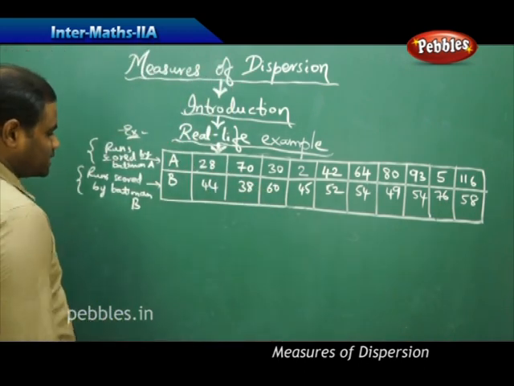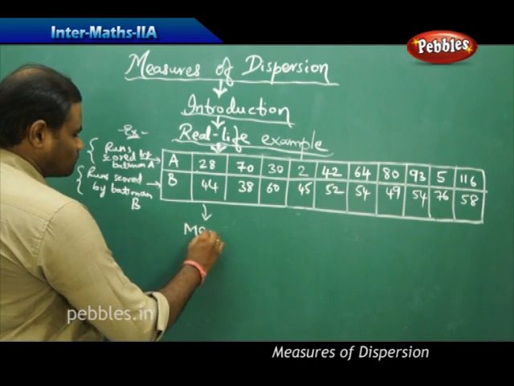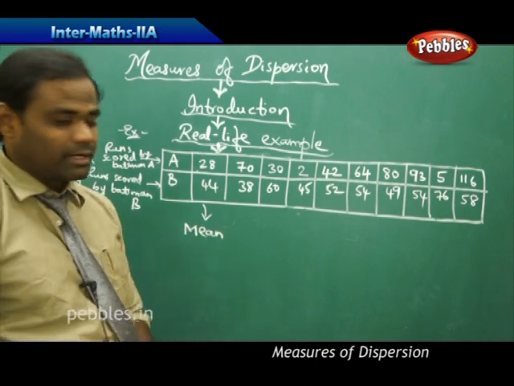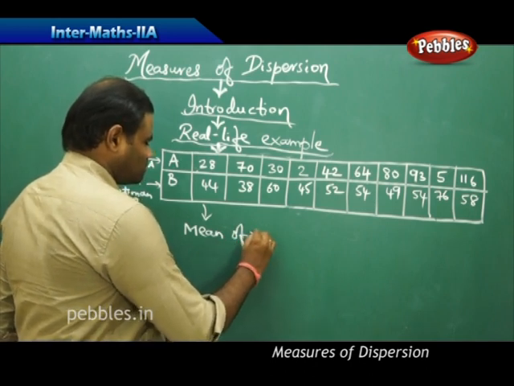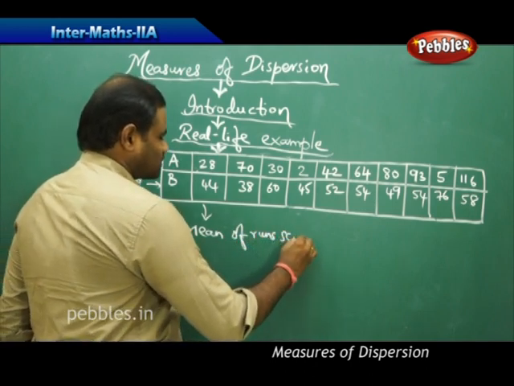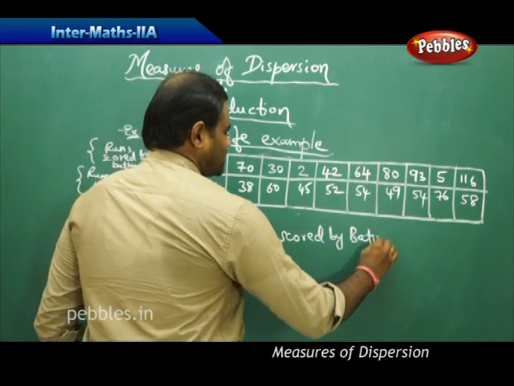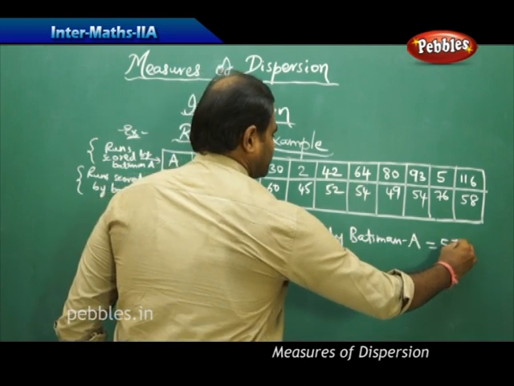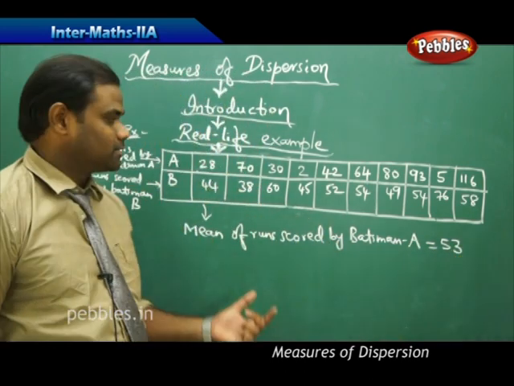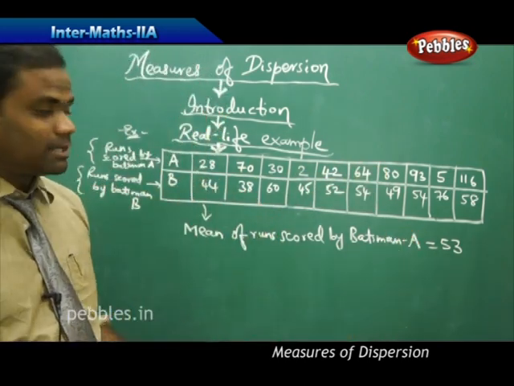Now with this, I understand that my arithmetic mean, which is a measure of central tendency, for the runs scored by batsman A is 53, which is obtained by the sum of all the scores divided by the total number of matches the batsman has played.